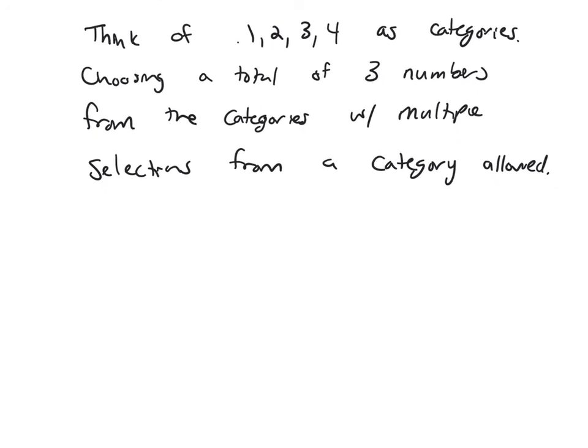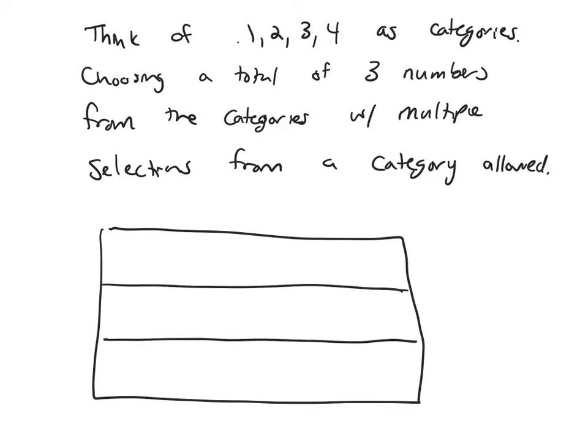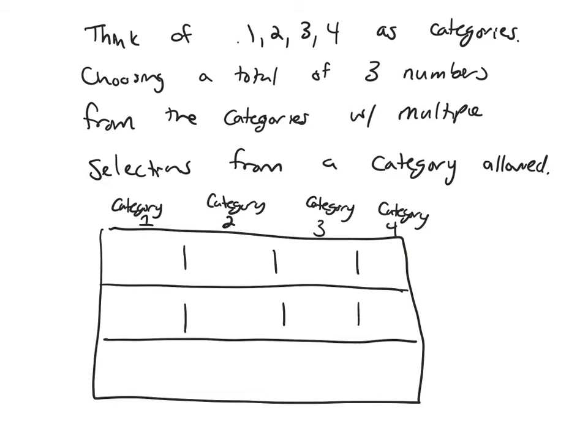So let's visualize this idea here. We're going to look at 3 examples, so I'll make 3 rows. There's category 1, that's the number 1. Category 2, that's the number 2. Category 3, the number 3. And finally, the last category, category 4. I'm going to use bars to separate these categories. Let's say you pick 1 from category 2.